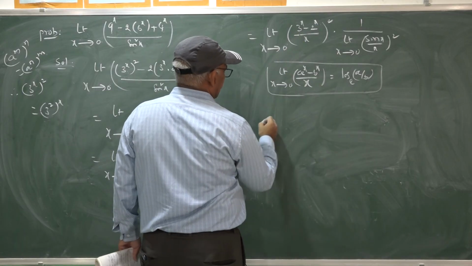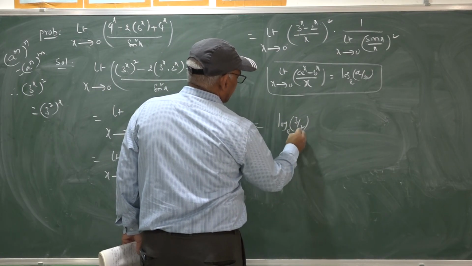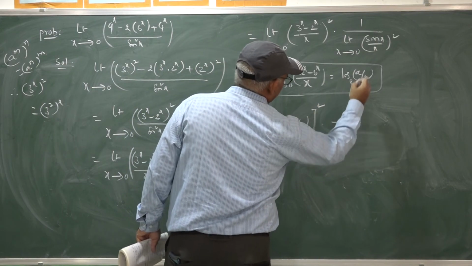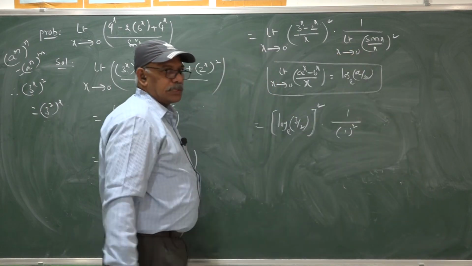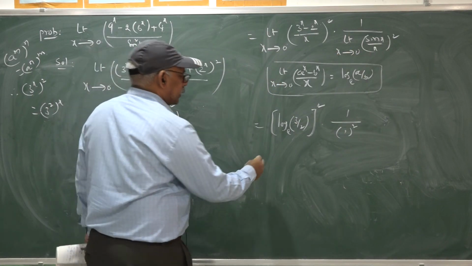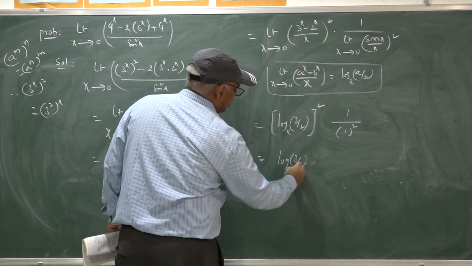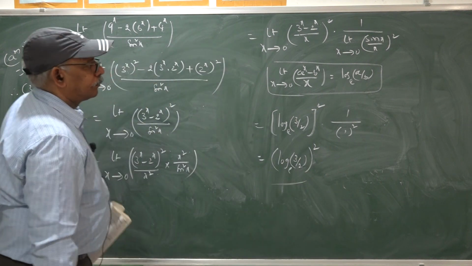So, based on this, this is (log 3 by 2 to the base e) whole square into 1 by 1 square, since limit as x goes to 0 of sin x by x is 1 itself. Hence, the limit is (log 3 by 2 to the base e) whole square, the required limit.